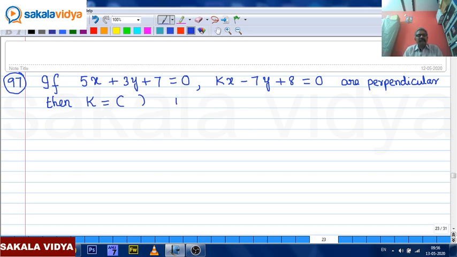First option 21 by 5, second option 1 by 3, third option is 5 by 3, fourth option minus 2.